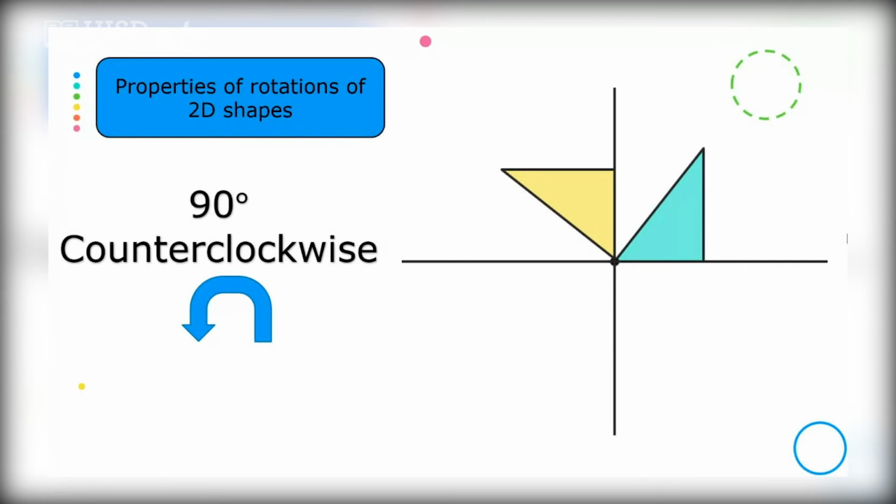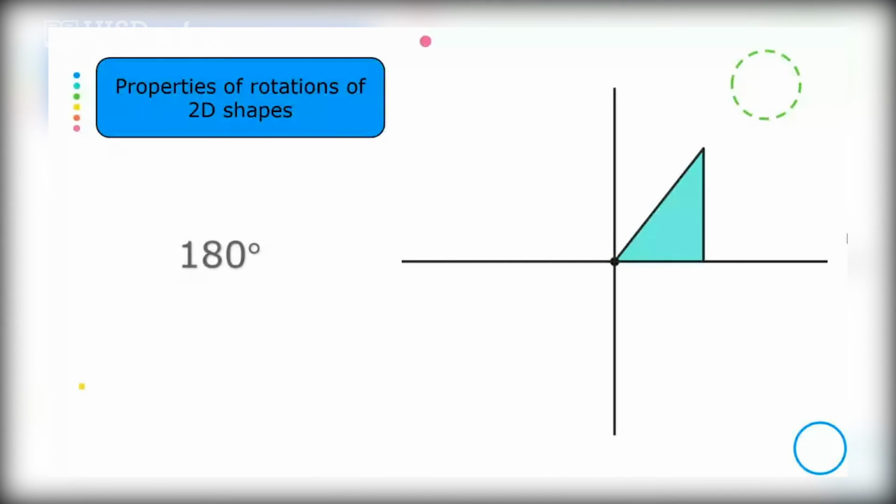And the last type of rotation that we're going to have today is the 180 degrees. And that means that the shape is going to move two quadrants, meaning that it's going to be on the opposite side of where the image is standing. In this case, the image is going to be on quadrant number 3.